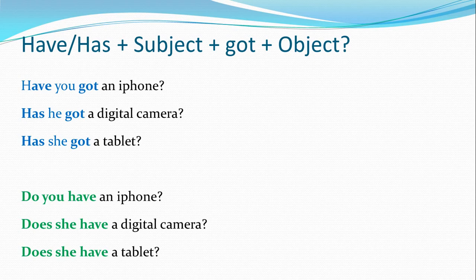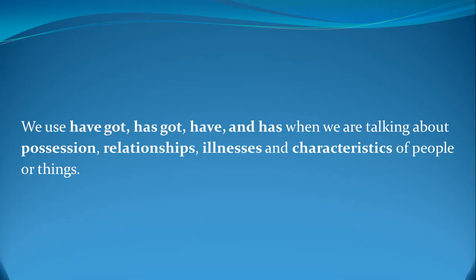Or do you have an iPhone? You can also say, has he got a digital camera? Or does she have a digital camera? Or has he got a tablet? Does he have a tablet? So the meaning is the same.